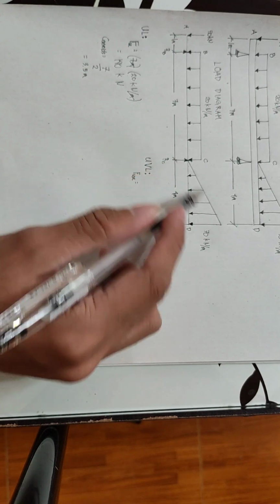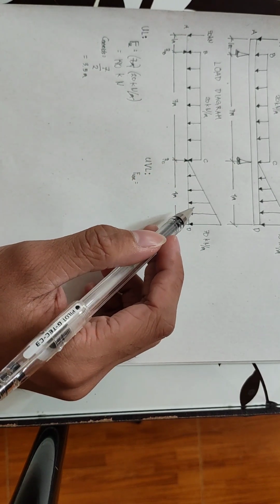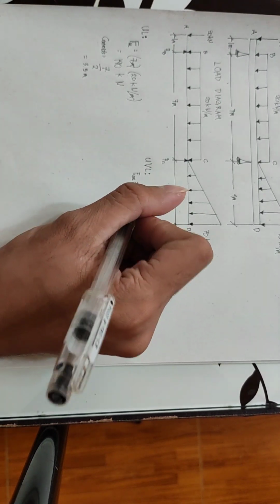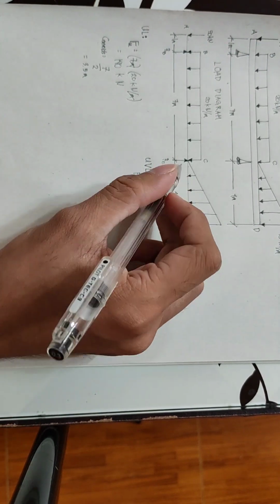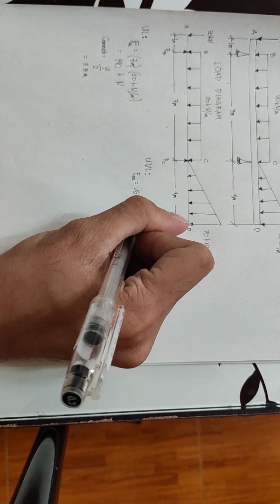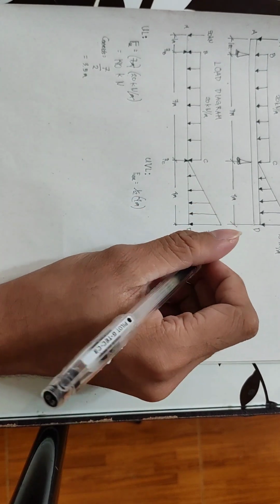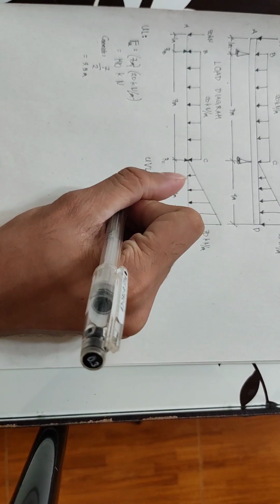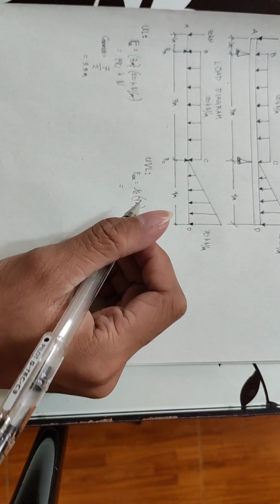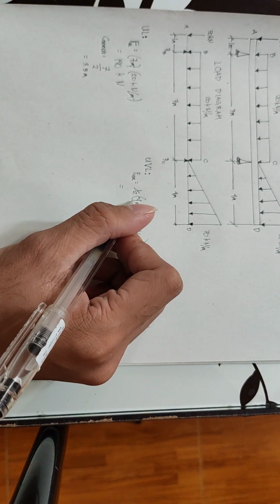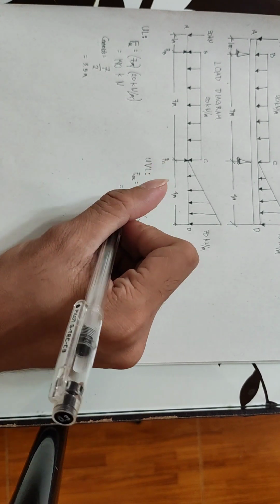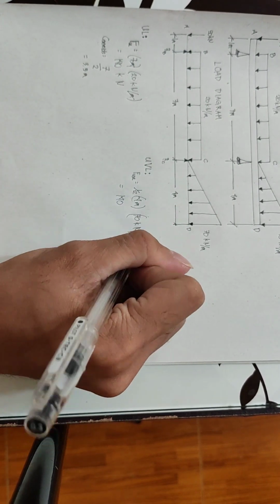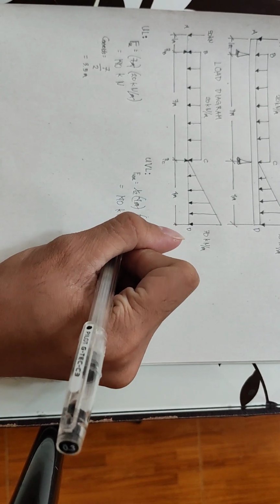Since the shape of this load is a triangle, the area of a triangle is 1/2 times its base, which is 4 meters, and its height is 70 kilonewton per meter. 1/2 times 4 is 2, then 2 times 70 is 140, so we get 140, then meter over meter cancels, so kilonewton.